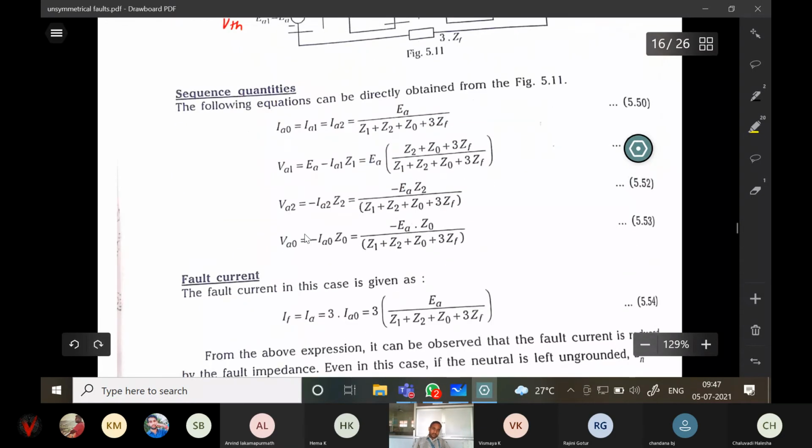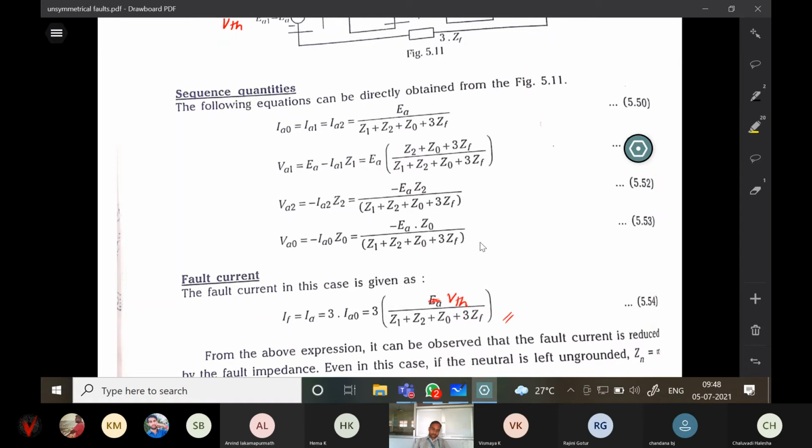And in this case, to find the fault current, the fault current will be 3 times of, instead of EA, we need to write VTH, and the remaining terms are the same.